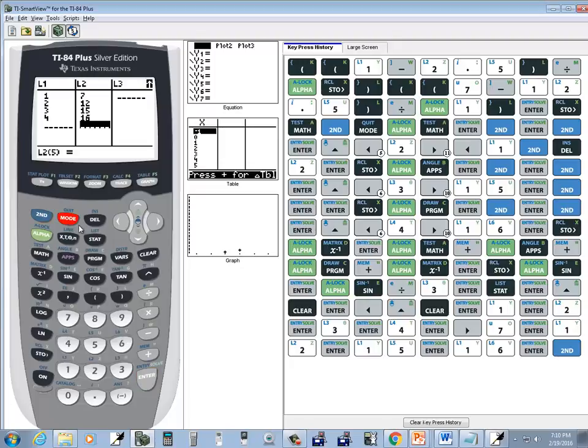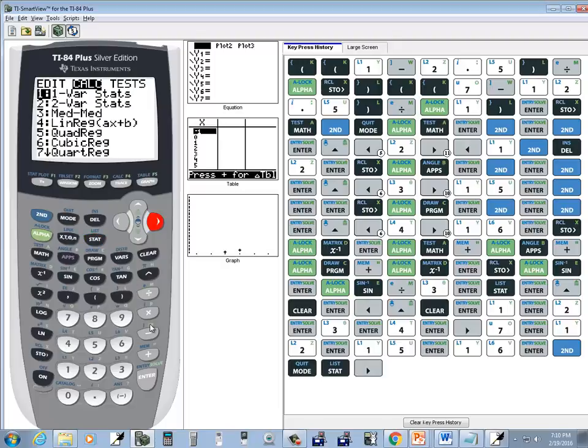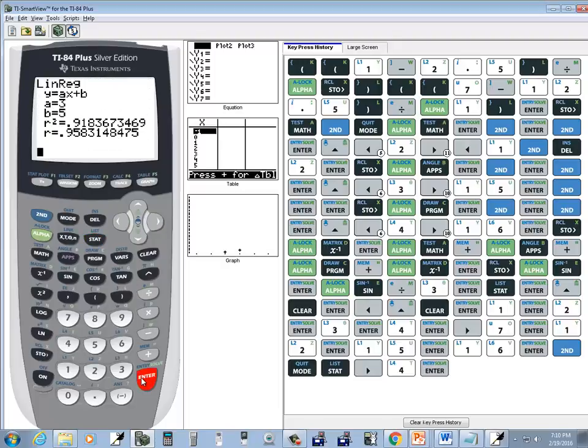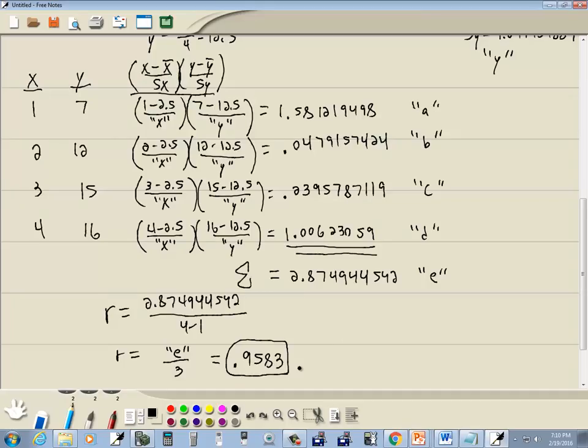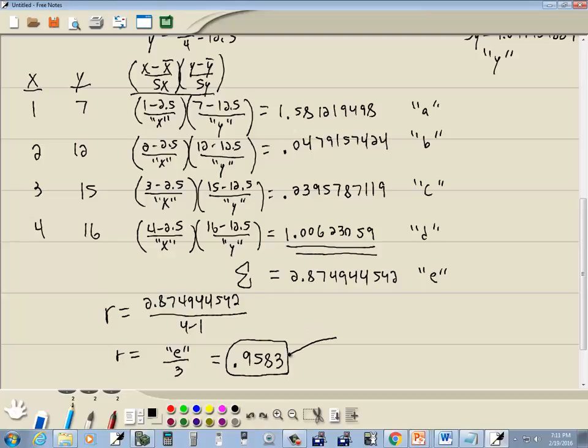Exit out, second mode, I press my Stat button, right arrow to Calc, choose number 4, and then press enter. And we get R is equal to 0.9583. And glory be, I didn't want to have to work the problem again. Those are nasty. But that would be our answer.